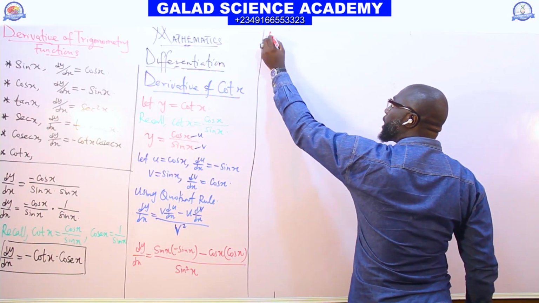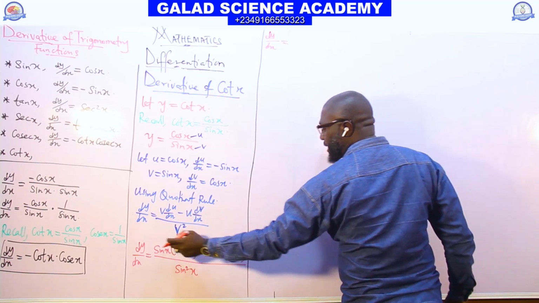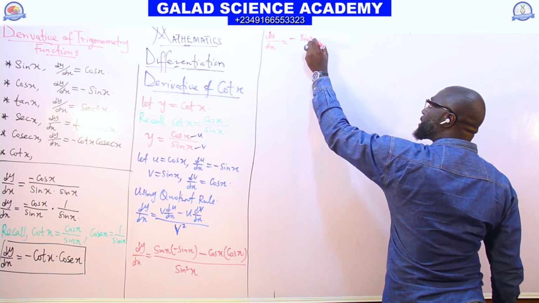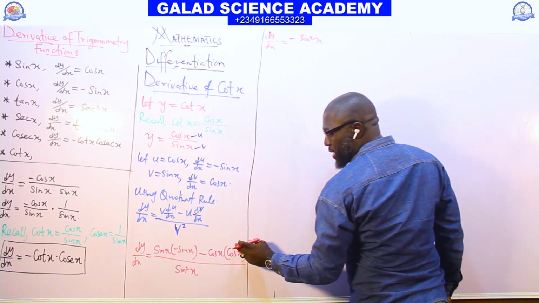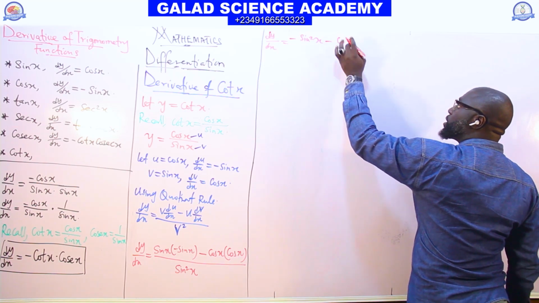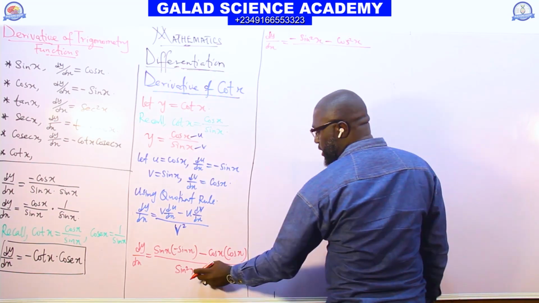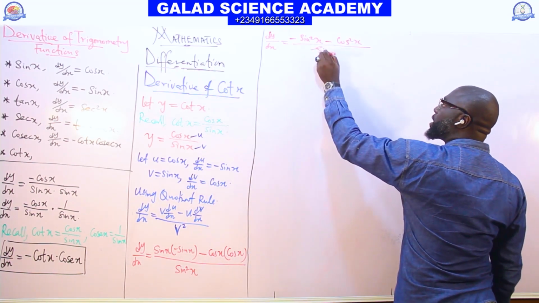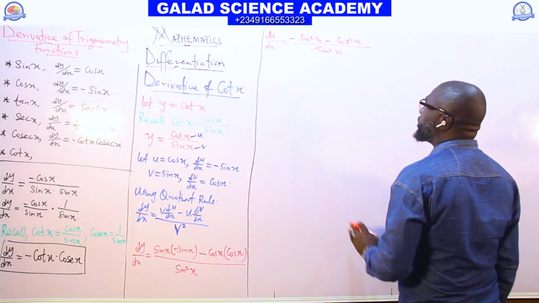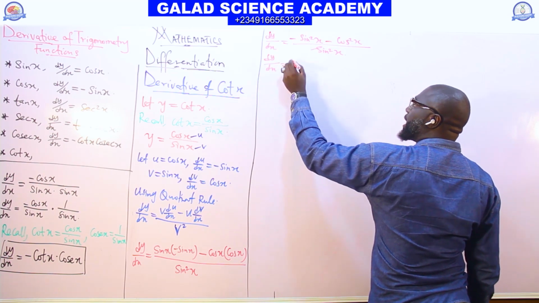So dy/dx will be minus sine squared x minus cos squared x, everything over sine squared x. You can still simplify it further. Take the minus out.